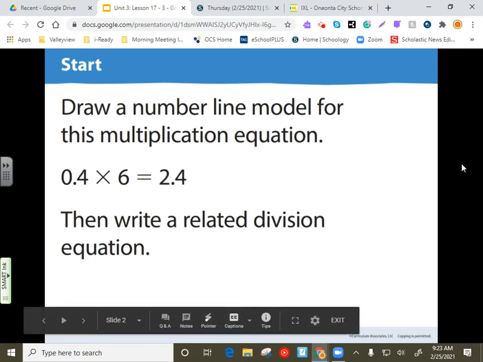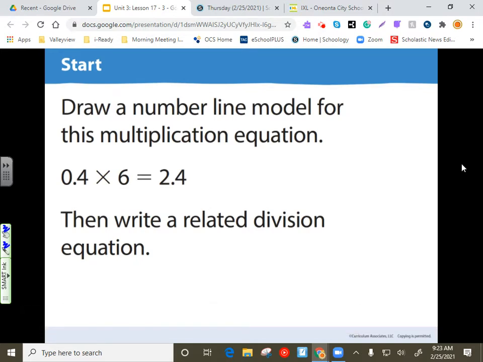First thing I'd like to go over is these are factors. When we talk about multiplying, our factors are the numbers that we multiply together, and the answer we get for our multiplication is a product.